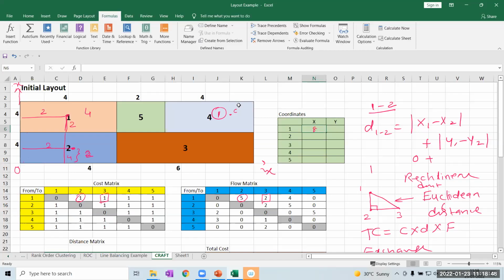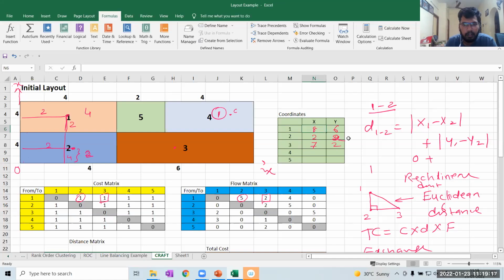And what about the Y coordinate? It will be 6. For 2, it remains the same, because 2 is remaining at the same place. So it will be 2, 2. For 3, it remains the same, so it will be 7, 2.